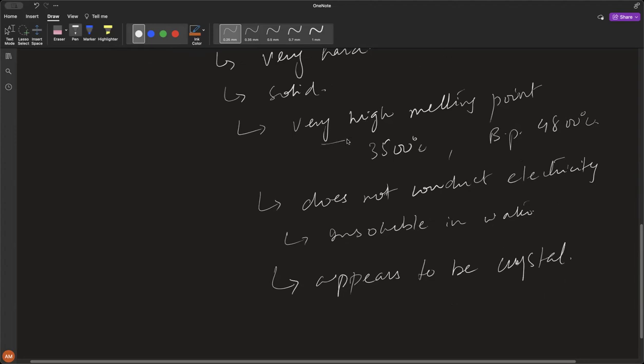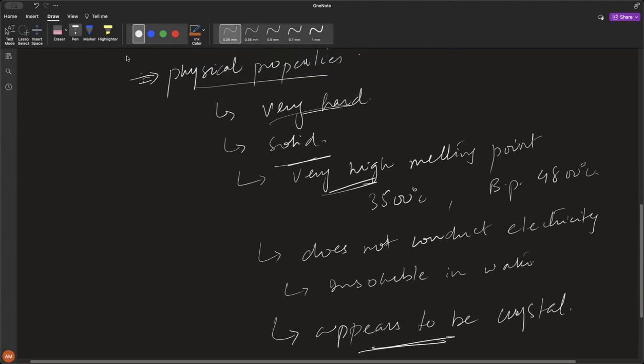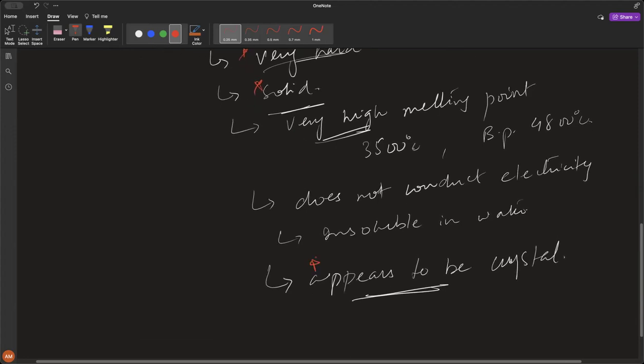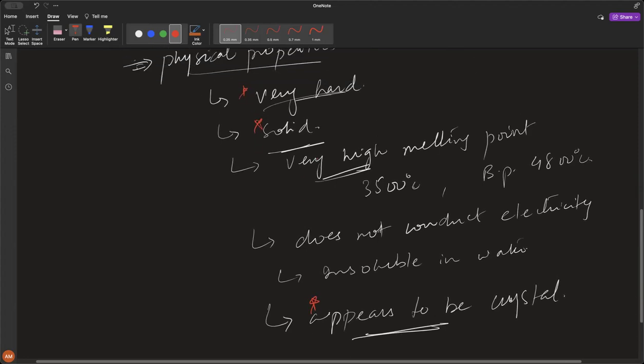It has a high melting point, it is solid, very hard, appears as a crystal. All of these are not the characteristics of a covalent compound in general. You're not going to find any covalent compound with such characteristics, basically. The simple ones. है ना?